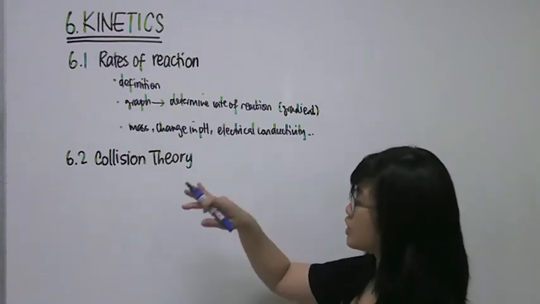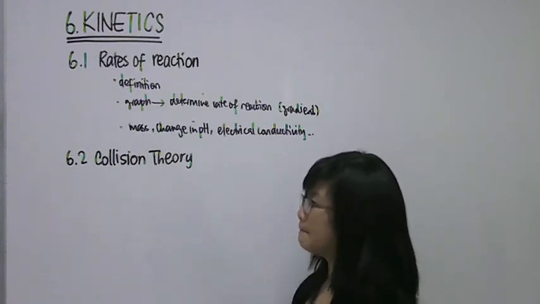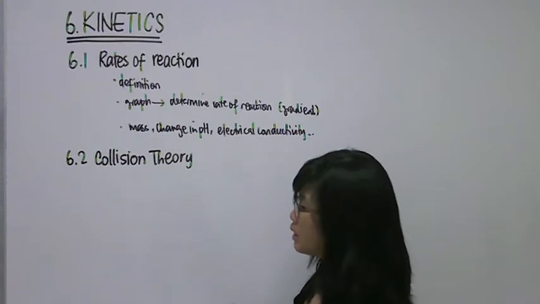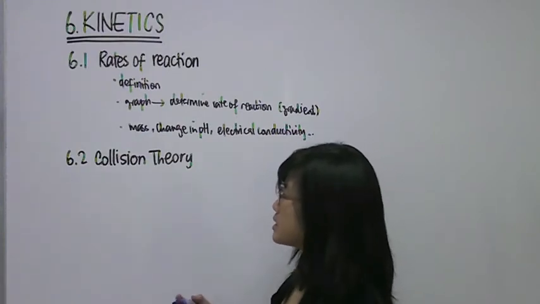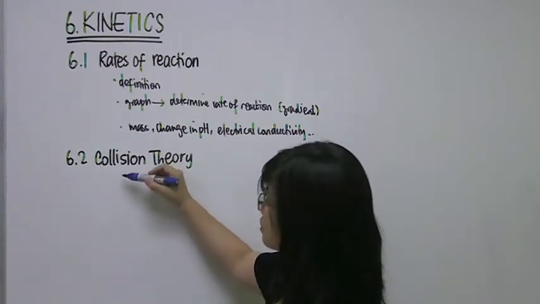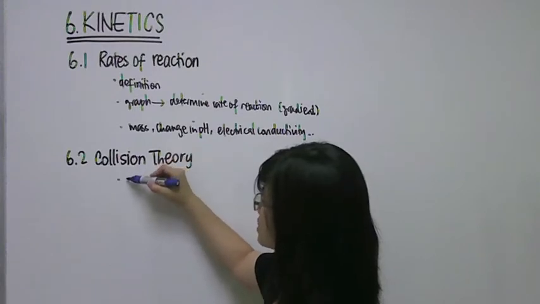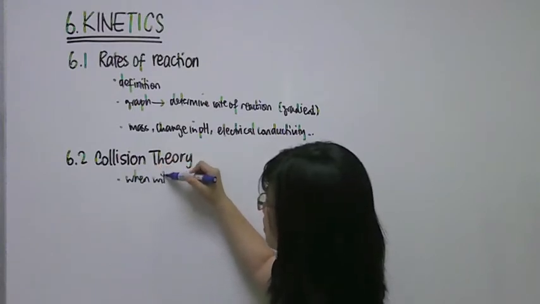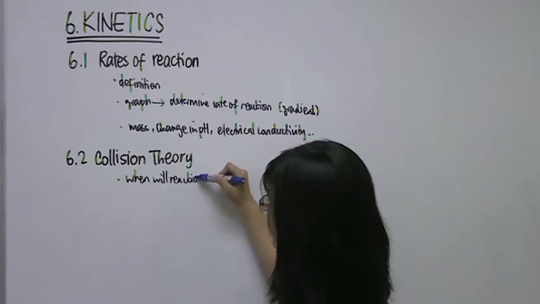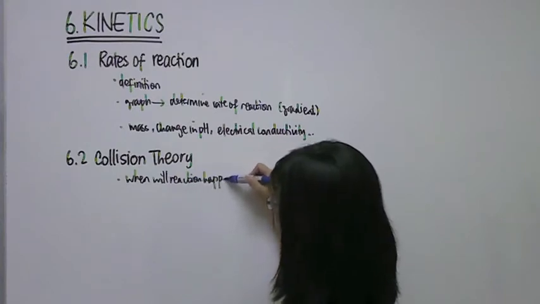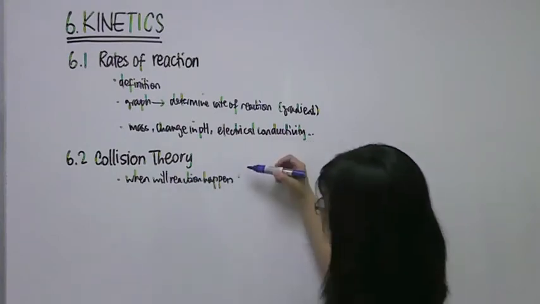Okay? So for collision theory, you need to explain what is collision theory. So it is when will a reaction happen? Based on collision theory, there are three things.